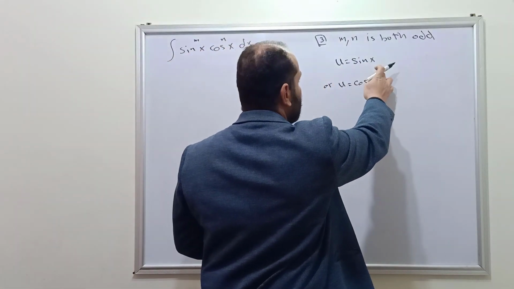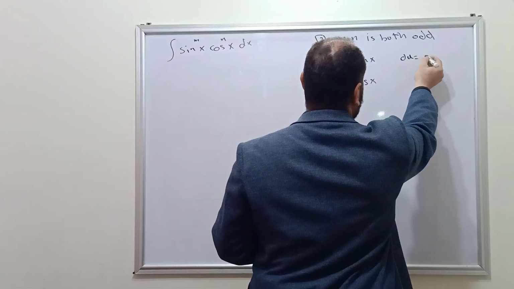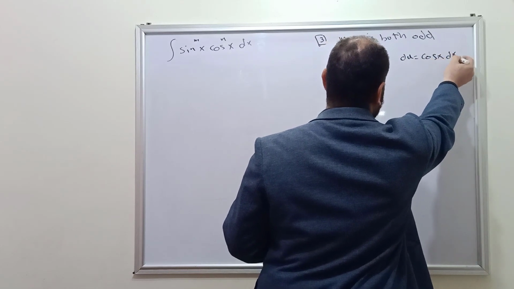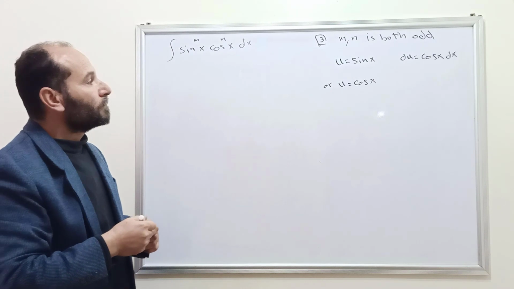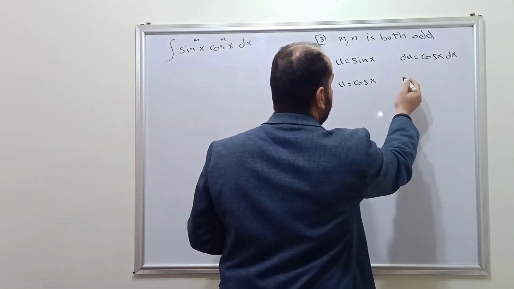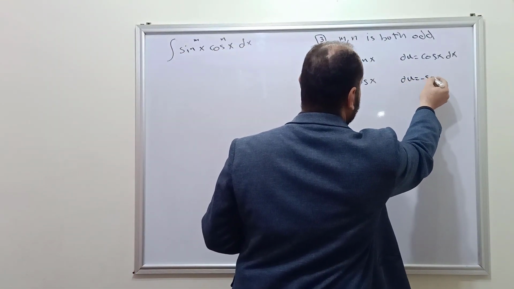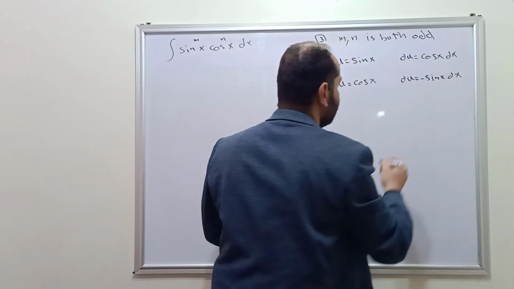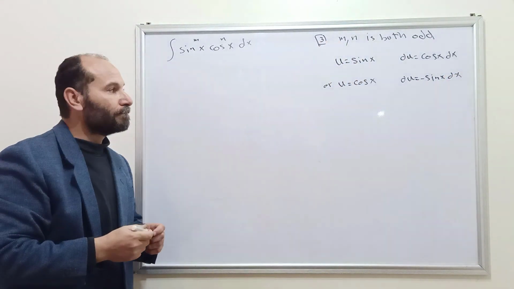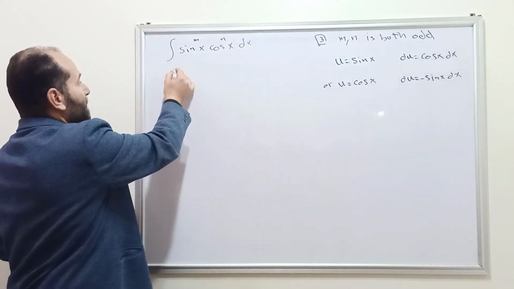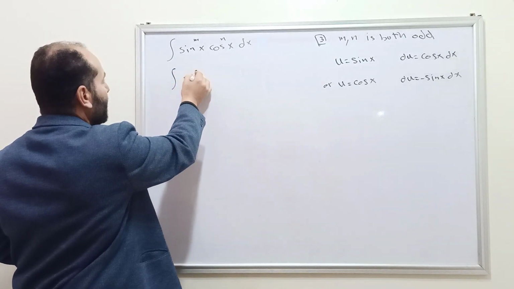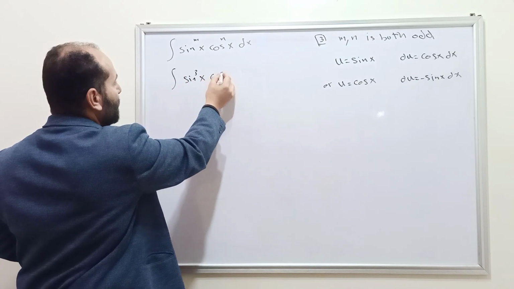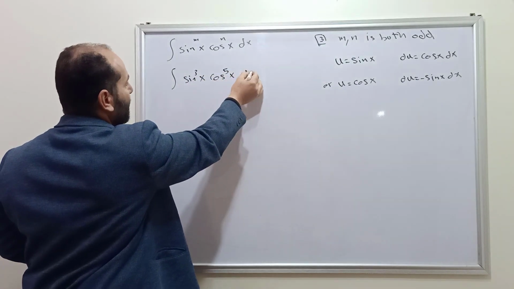If we take u equals sine x, du equals cosine x dx. If we take u equals cosine x, du equals negative sine x dx. We take an example, the integration of sine power 3 x cosine power 5 x dx.